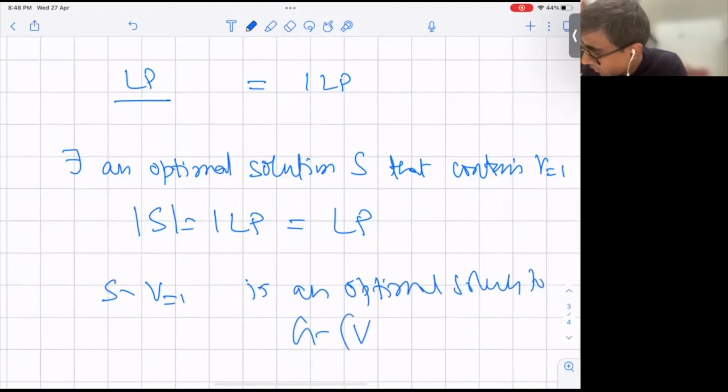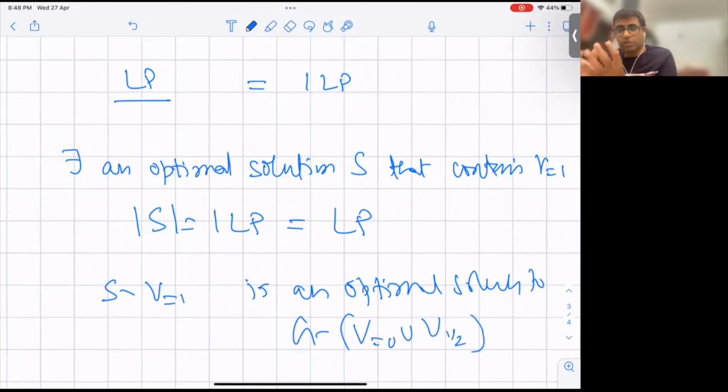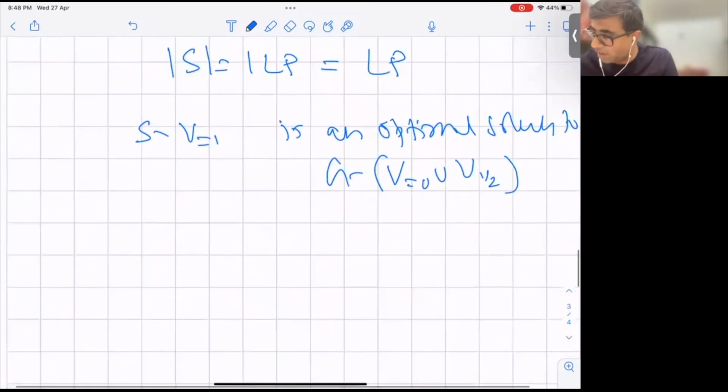G minus V0 union V half. All I'm trying to tell you is that once you delete these vertices which have been assigned 1, the property that LP is equal to ILP in the reduced instance is maintained.